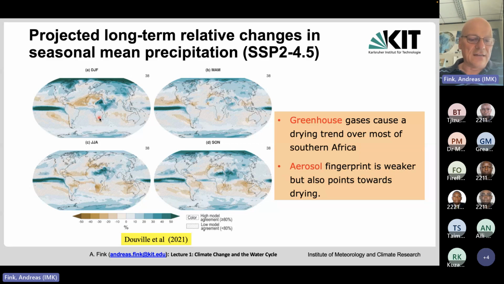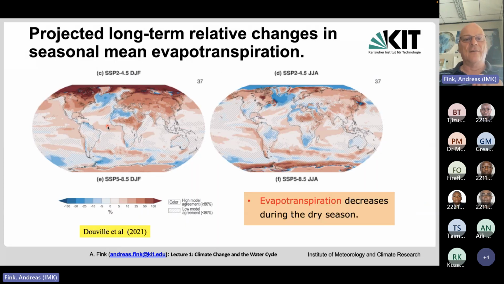So for the light greenish plus and the brownish minus region, which means that until the end of the century, we have a low model agreement that the region will see less rain during the rainy season. I'm talking about total rain. I'm not talking about intensity of rainfalls.